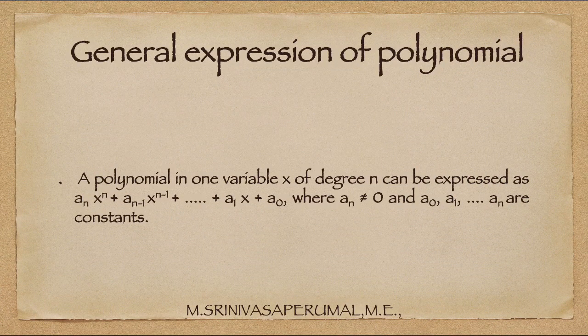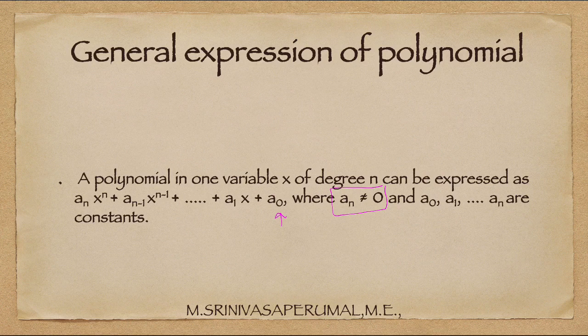Now the general expression of a polynomial. The polynomial in one variable x of degree n can be expressed as a n x power n plus a n minus 1 x power n minus 1, and so on up to a 0 x power 0. X power 0 is equal to 1, so we do not need to mention it here. The same conditions: if quadratic, the maximum power is 2 and the x square coefficient is not equal to 0.